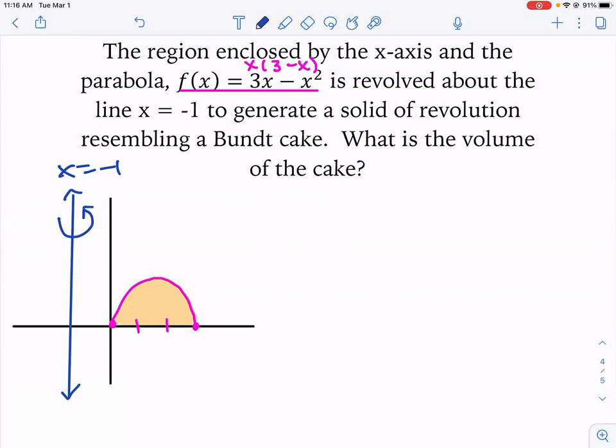All right, so can you imagine our bundt cake? Kaylin, it's your birthday. What flavor of bundt cake is it? Vanilla. Okay. Plain. No frosting if I had my way. Coconut frosting? Oh, mix it up.